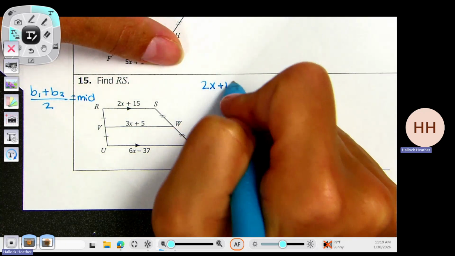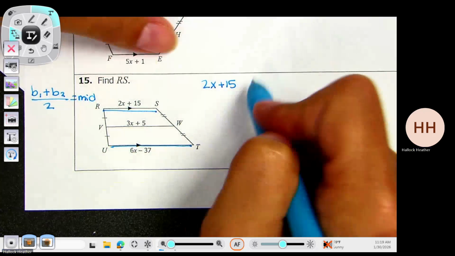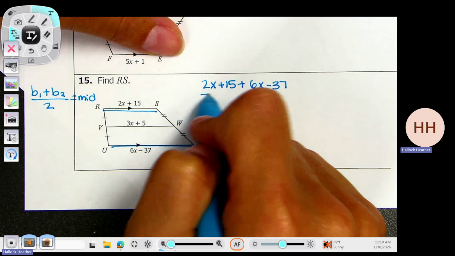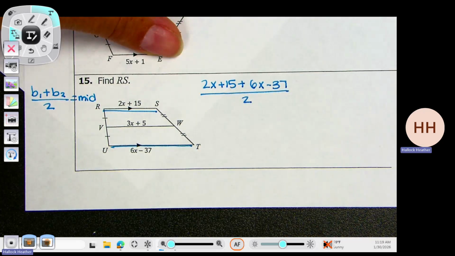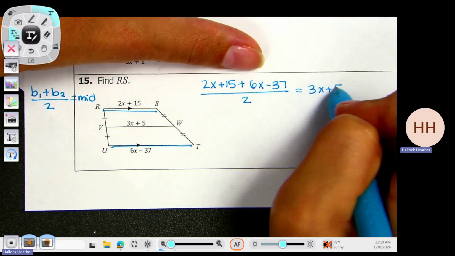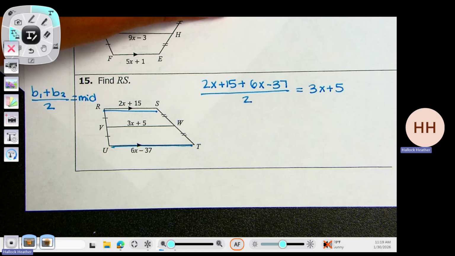Technically, you could use the bottom, honestly it doesn't matter. You're doing top plus bottom, dividing by 2, and it's equal to the middle, 3x plus 5. You could do this a bunch of different ways, whatever your algebra teacher taught you.